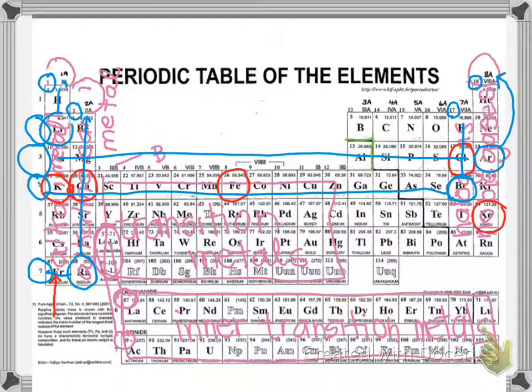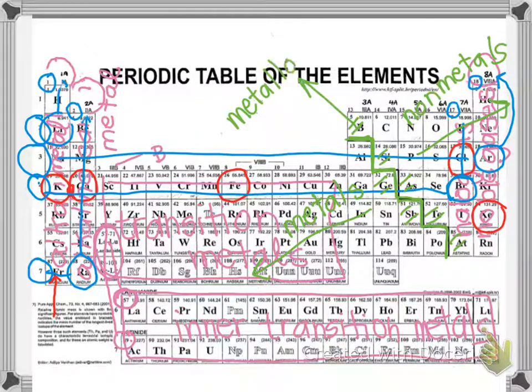So there's a heavy stair-step line right here on the periodic table. And many periodic tables will indicate this stair-step line. Elements to the left of it are metals. Elements to the right of it are nonmetals. And many of the elements along the stair-step line are metalloids.